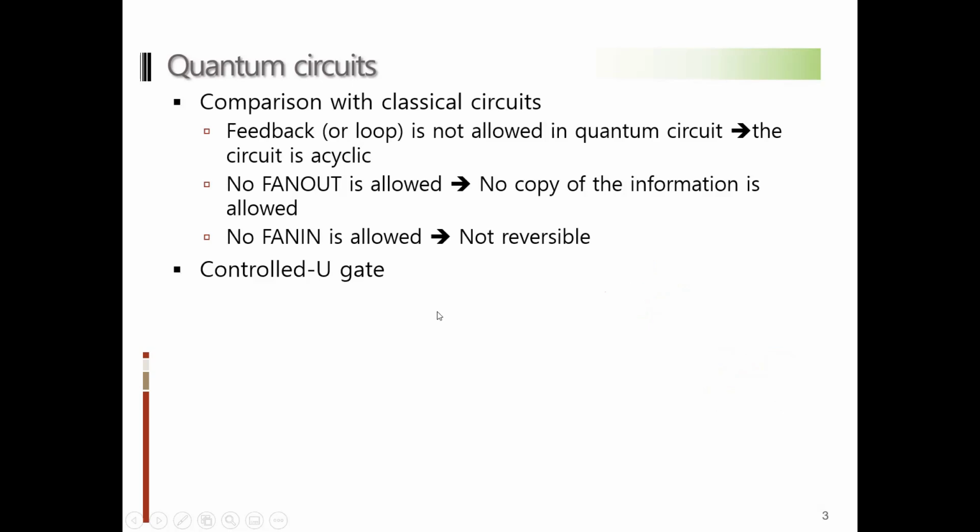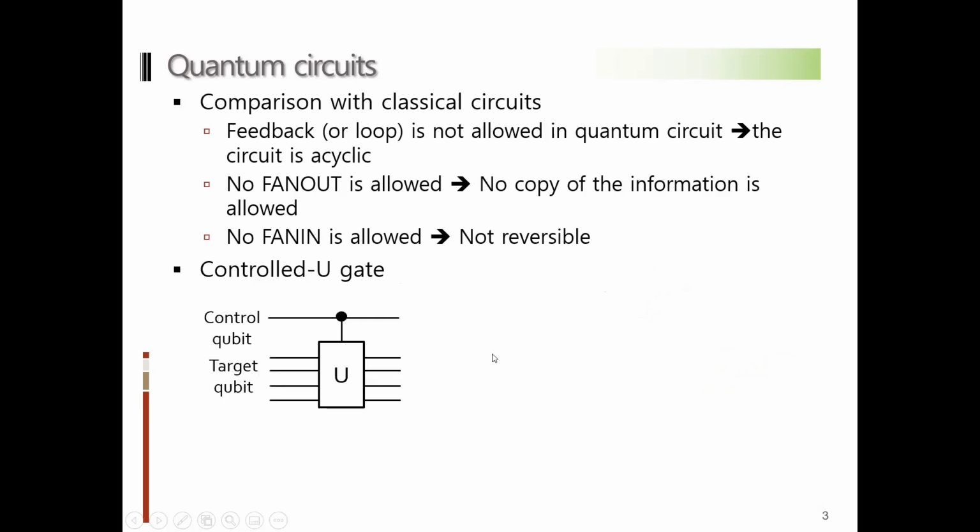You already learned about the controlled NOT gate, and the generalized version of this gate is generally called a controlled U gate.